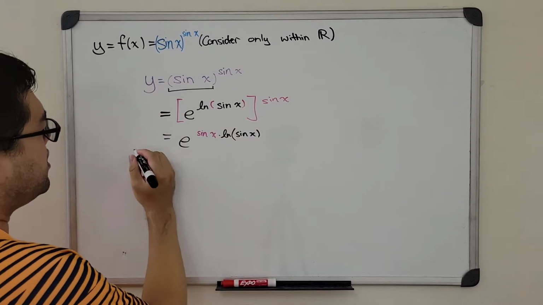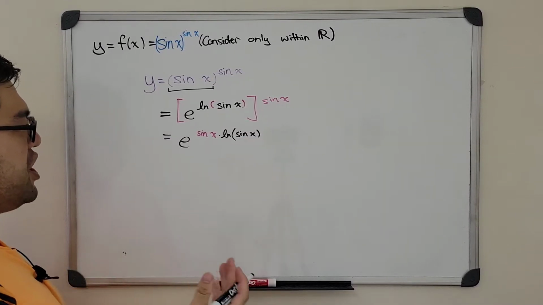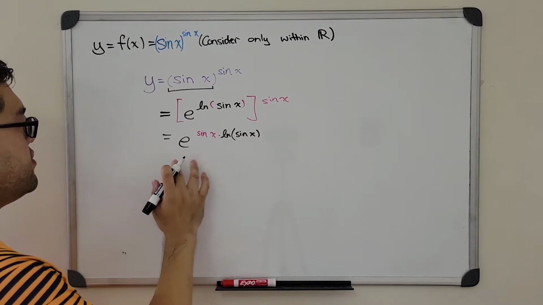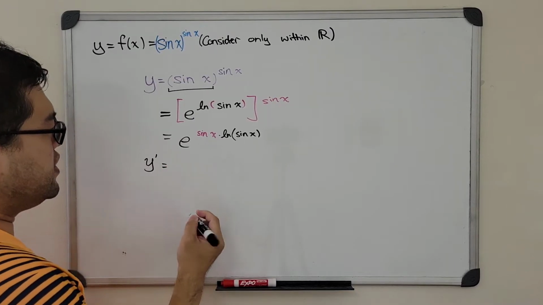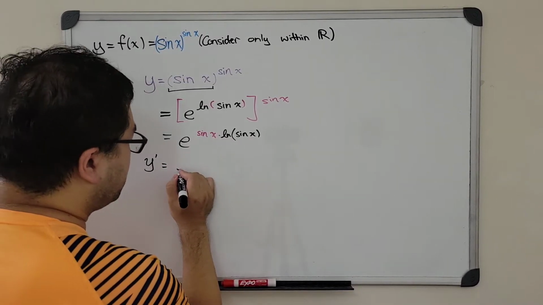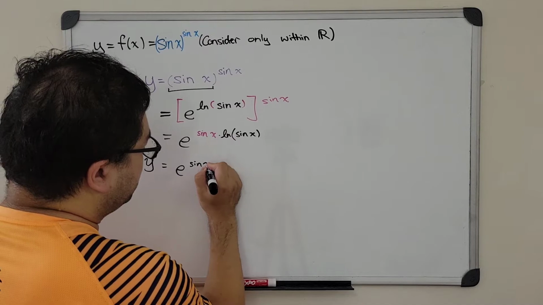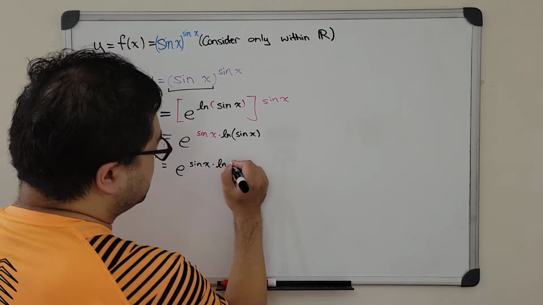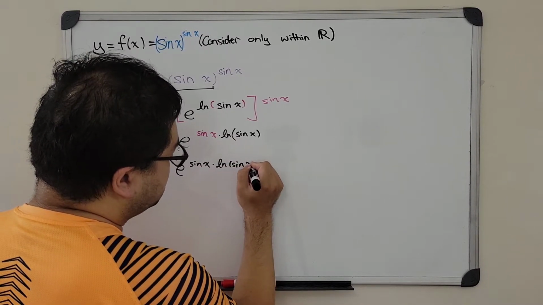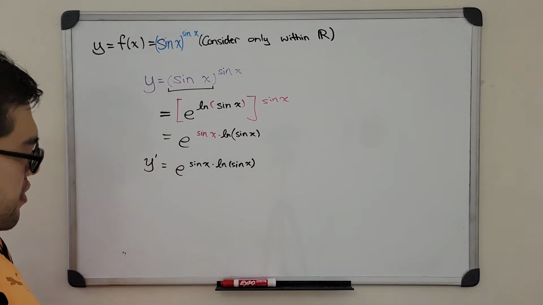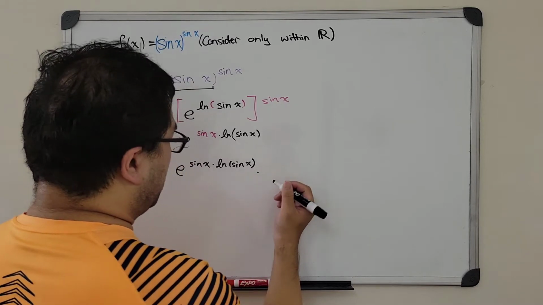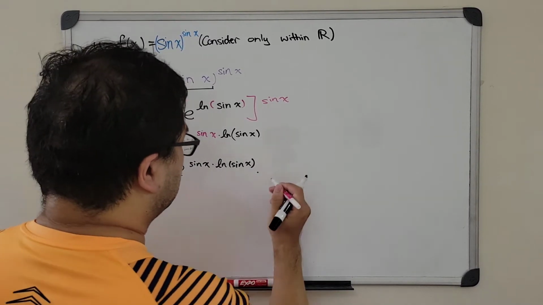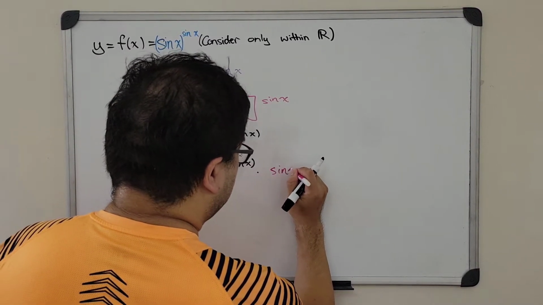We can use the chain rule to help us find the derivative of this. So if we take the derivative, we still have e to this thing. But if the exponent is not just x, but some other non-constant expression, then we have to do the chain rule, meaning we have to take the derivative of this part.